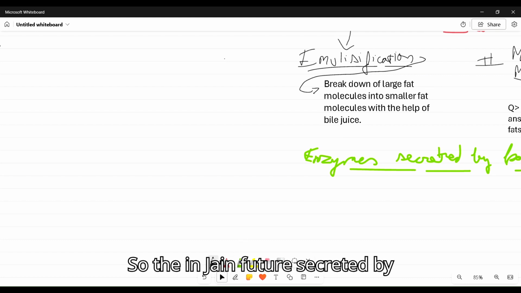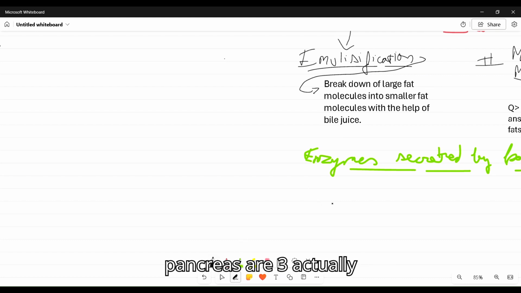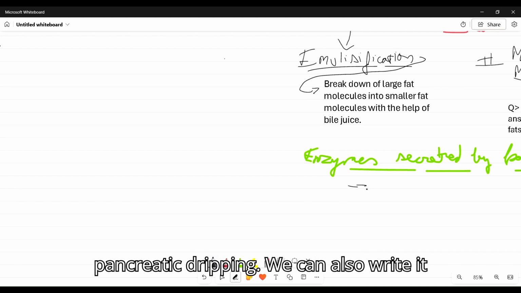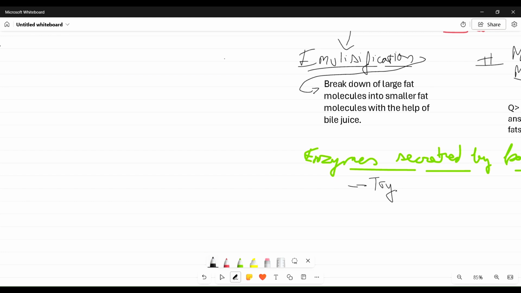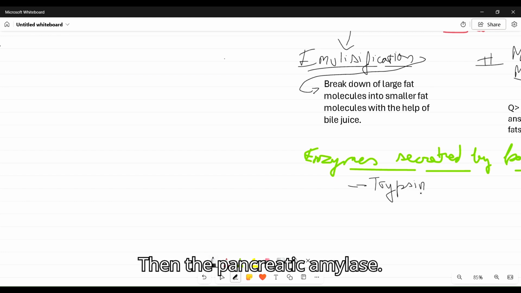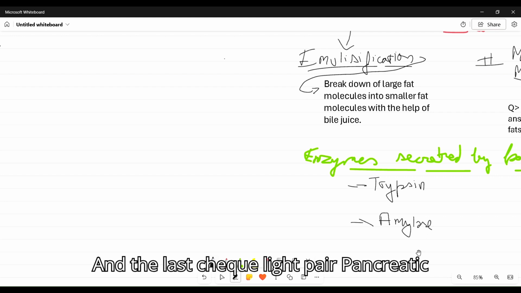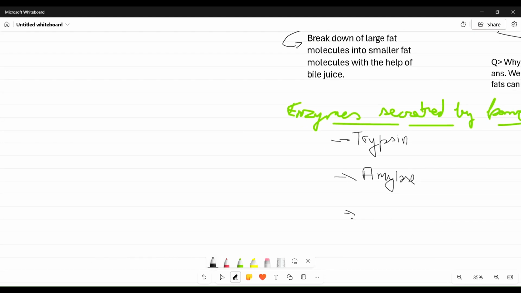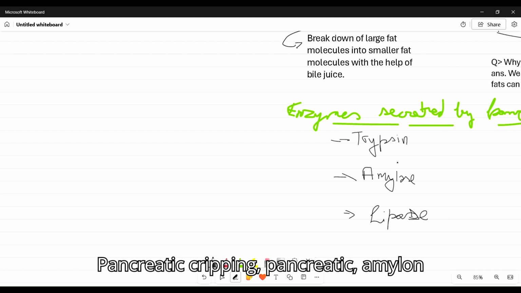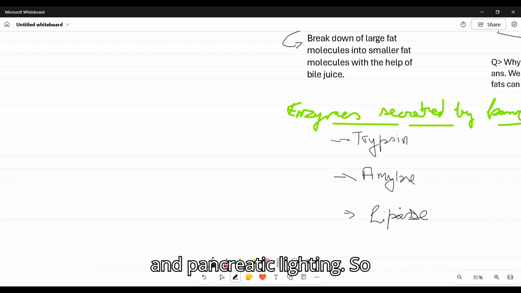The enzymes secreted by the pancreas are actually three: pancreatic trypsin, which we can also write as trypsin, then pancreatic amylase, which we can write as amylase, and the last is pancreatic lipase.